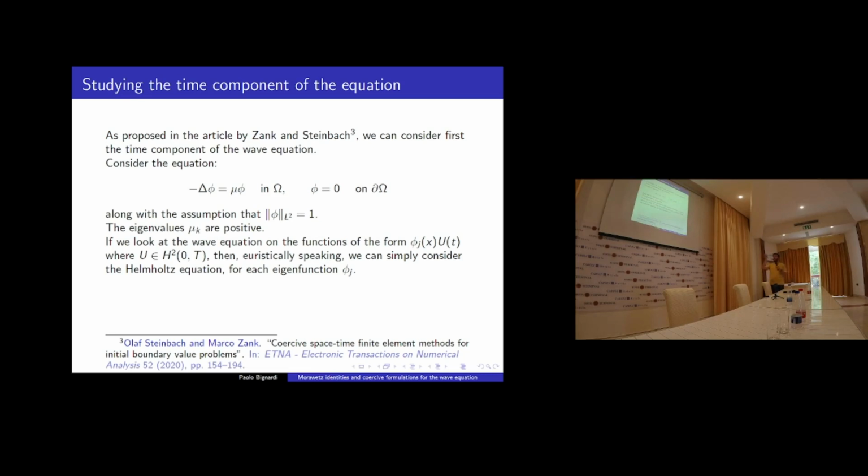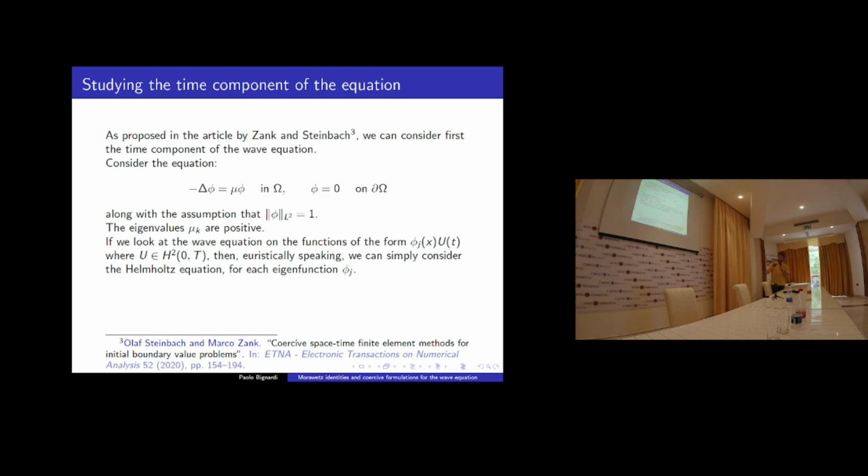As done in the article by Steinbach and Zank, you can prove that in a certain Bochner space you can approximate any function as a series of products of the eigenfunctions of the minus Laplacian and an H2 function, which is somewhat reasonable.